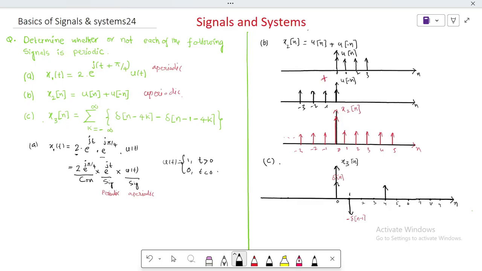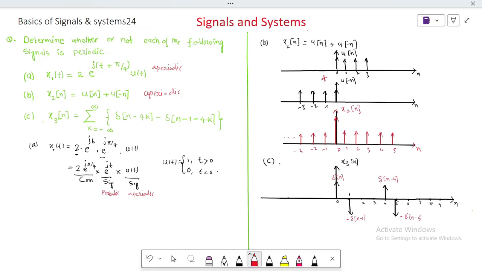Next, minus del of n minus 5, where the magnitude is reversed. So we can write this is del of n minus 4, and this is minus del of n minus 5.